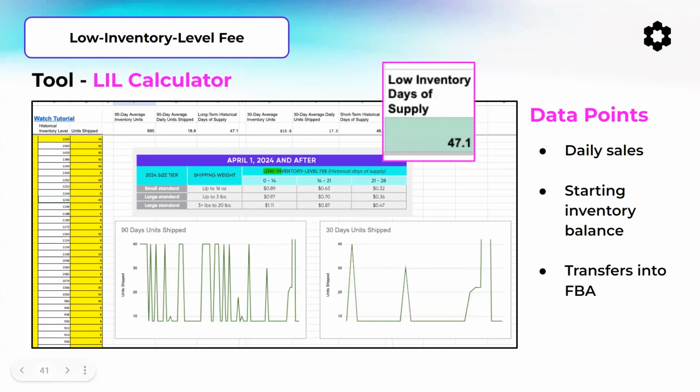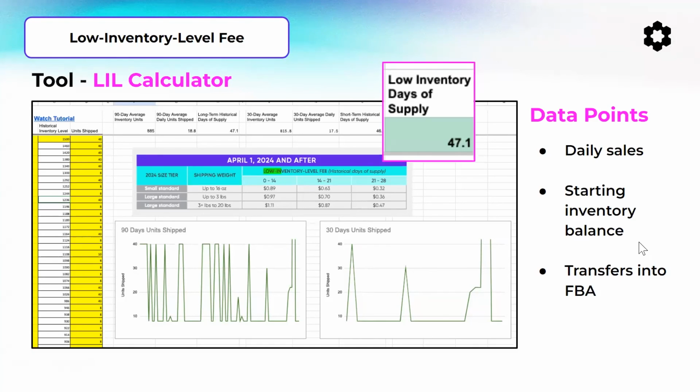So your transfers also should be factored into there. And once you've got that data, it's going to calculate for you. It's going to calculate your 90 days of historical supply, your 30 days of historical supply, and then you're going to see what your projected low inventory days of supply is. And we see in this example, it's not in a dangerous range.